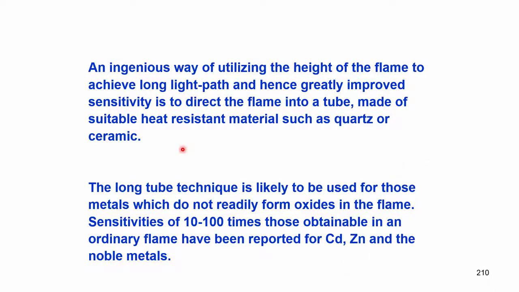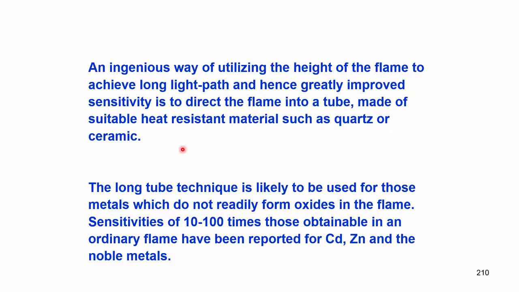An ingenious way of utilizing the height of the flame to achieve a long light path, and hence greatly improved sensitivity, is to direct the flame into a tube made of suitable heat resistant material such as quartz or ceramic. Then I can make the optical path length longer. We will see how we can do that.